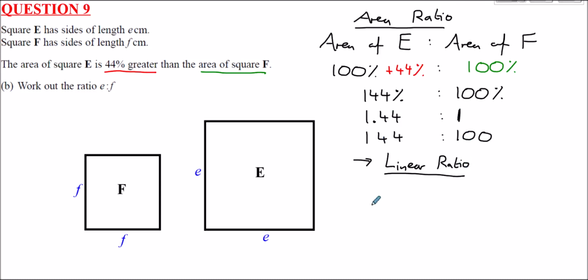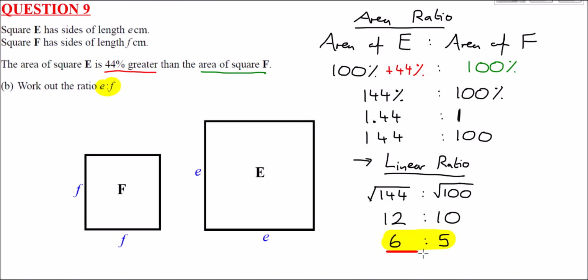So if we square root both the numbers here, square root the 144 and square root of 100, we will have the linear ratio of E to F. And so we now have 12, because the square root of 144 is 12, square root of 100 is 10, and we can halve both of these values to obtain 6 to 5. So the ratio of E to F is 6 to 5, and that's our final answer and completes the question.